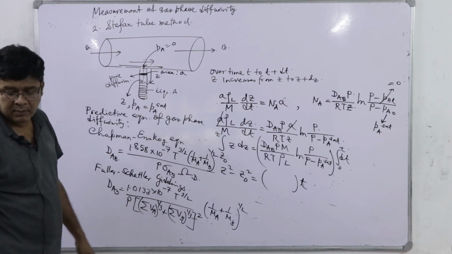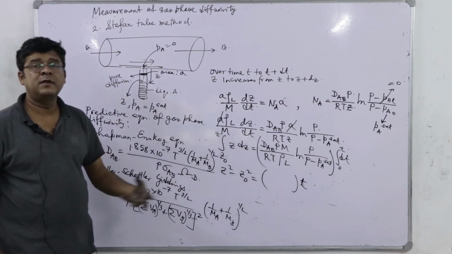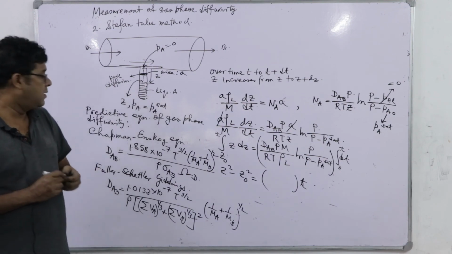So, for individual components we have to add the structural groups, diffusive volumes and all, so to get this.